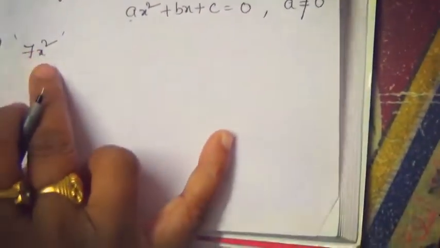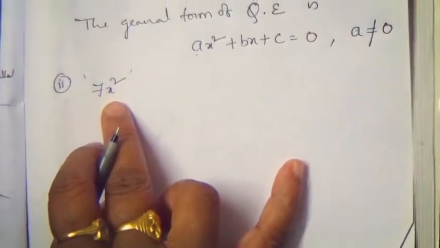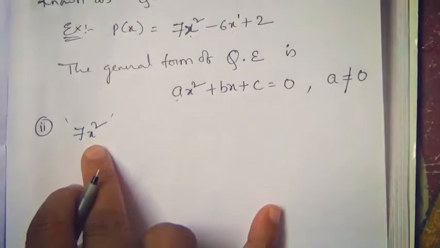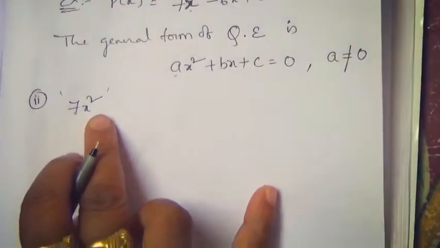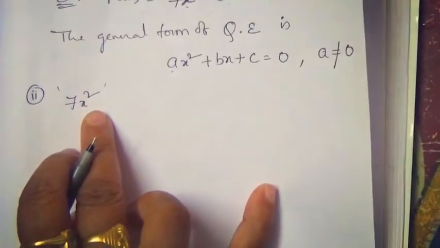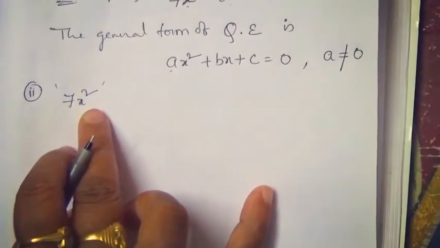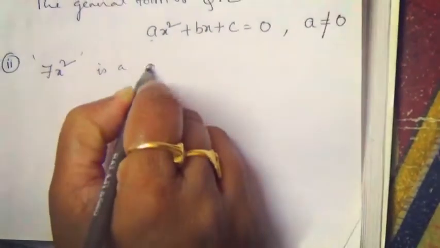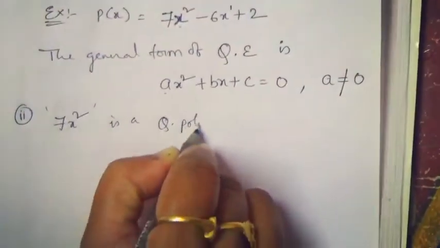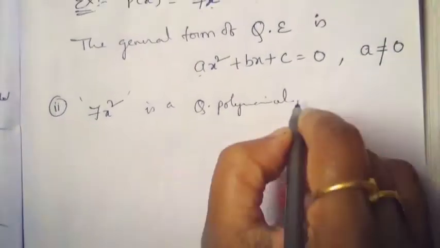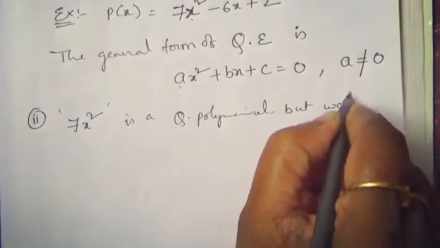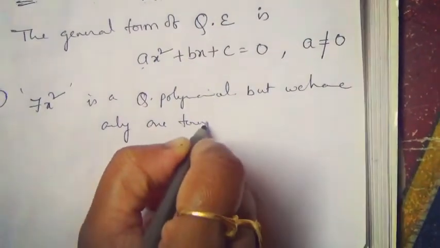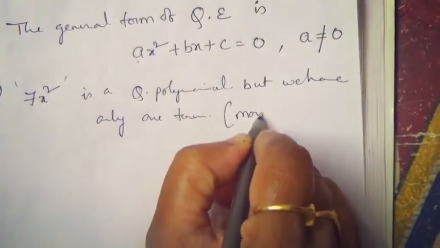Yes, it is a quadratic polynomial, but we have only one term, hence it is a monomial.